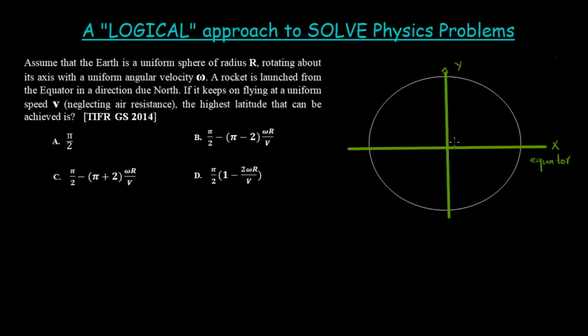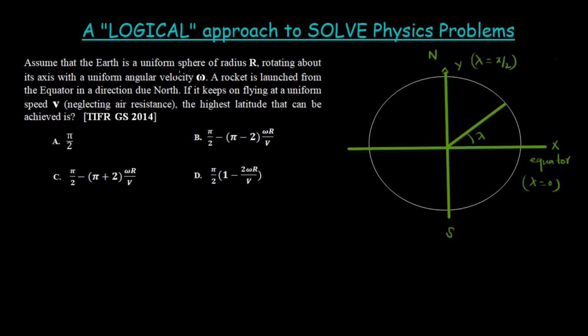This angle lambda, from the equator to the poles, is the latitude of the particular system. Latitude starts at lambda equal to 0, that is the equator, and goes to lambda equal to pi by 2, that is the poles. We assume this is the north pole and this is the south pole.